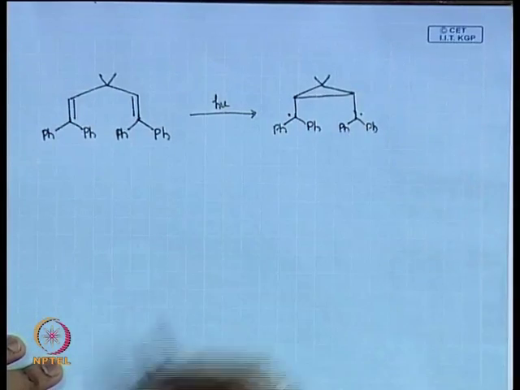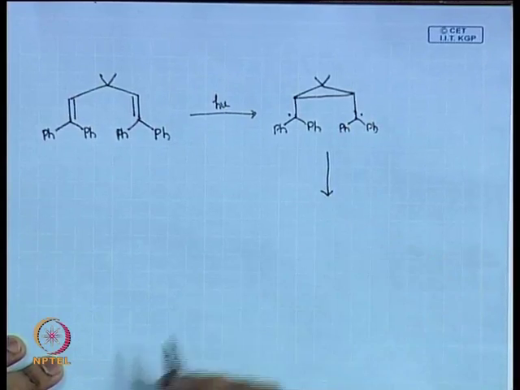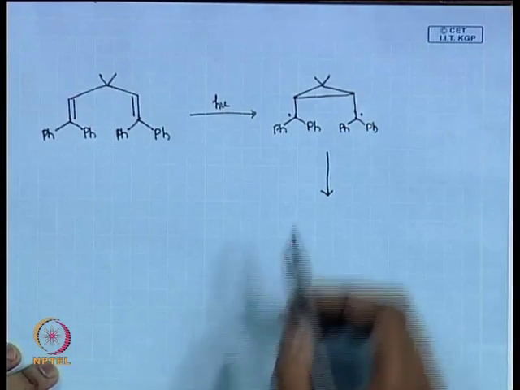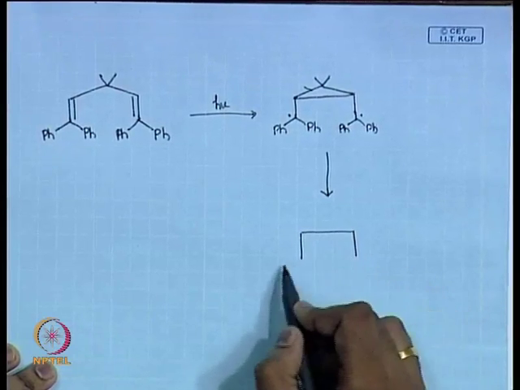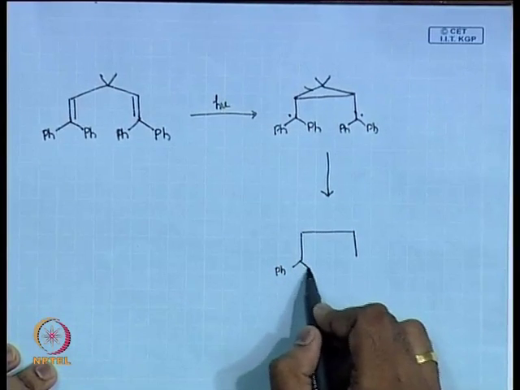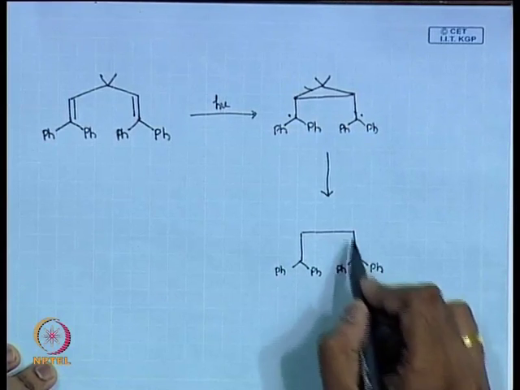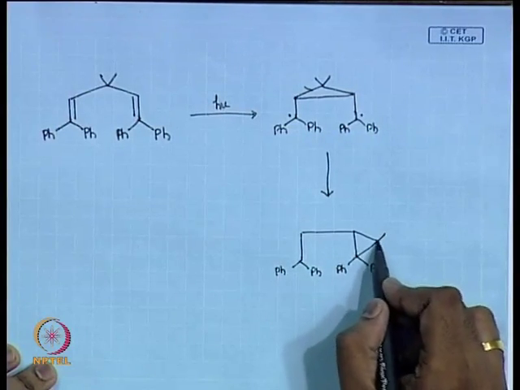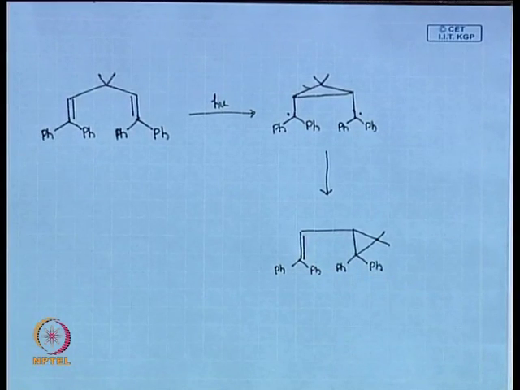So, you get a 1,4 diradical, then I can cleave it nicely. So, this product is the other major product in this chemistry.